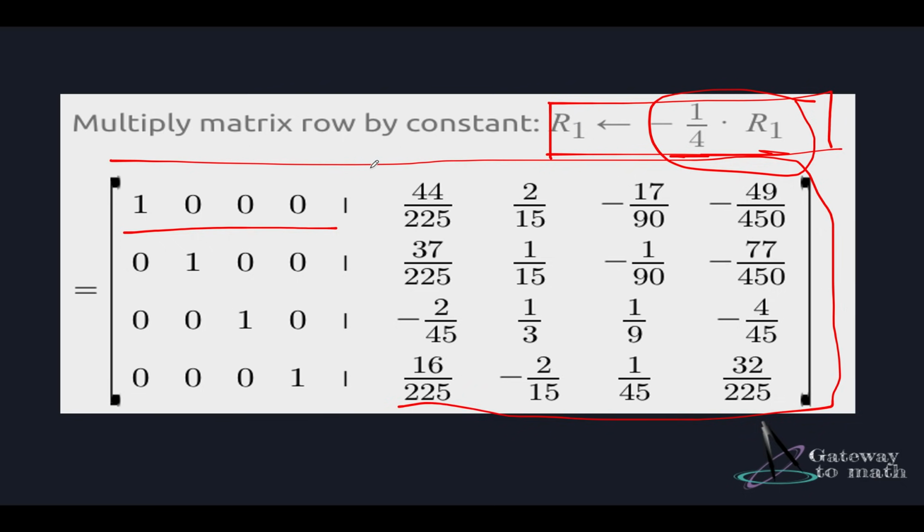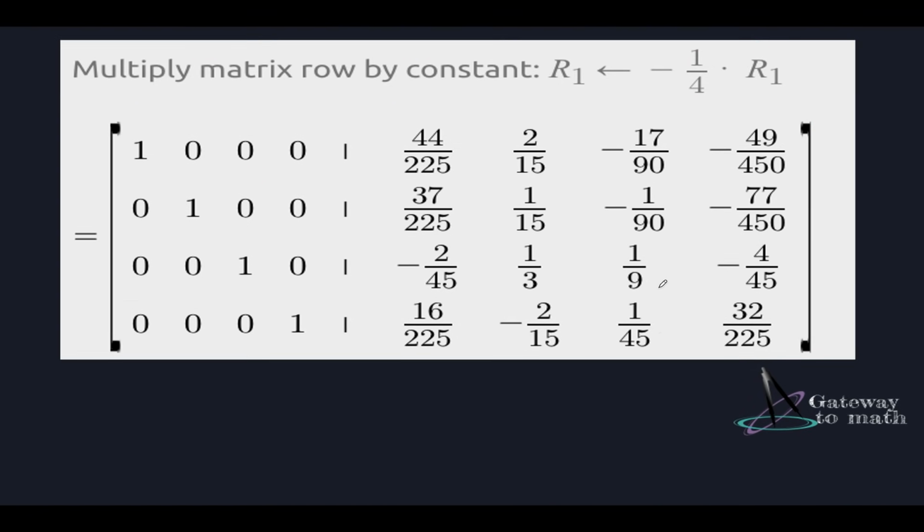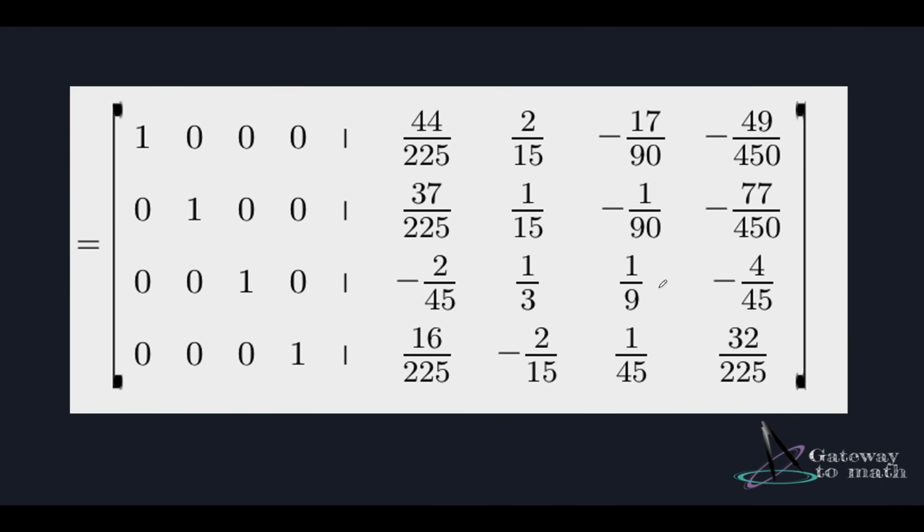And this matrix on the right hand side that we have right here is the inverse of the matrix we started with. So the matrix is 44 upon 225, 2 by 15, minus 17 by 90, minus 49 by 450, 37 upon 225, 1 by 15, minus 1 by 90, minus 77 by 450, minus 2 by 45, 1 by 3, 1 by 9, minus 4 by 45, 16 by 225, minus 2 by 15, 1 by 45, 32 by 225.